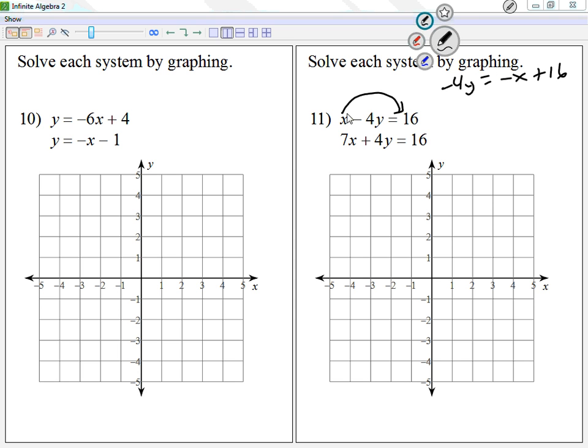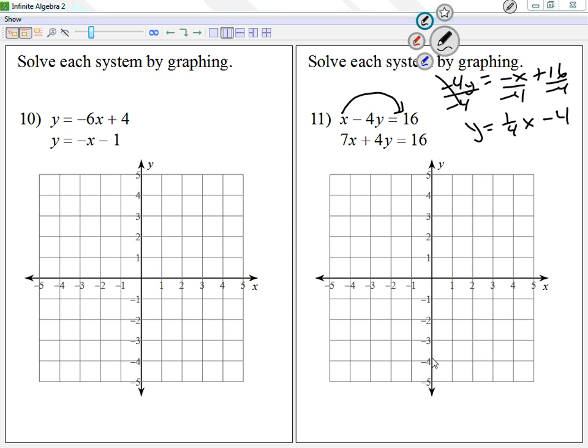Remember, every time you move something from one side to the other, switch the sign. Now divide everything by negative 4. You guys are going to get y is equal to positive 1/4 x minus 4. I call it positive because negative divided by negative is positive. And then positive 16 divided by negative 4 is negative 4.